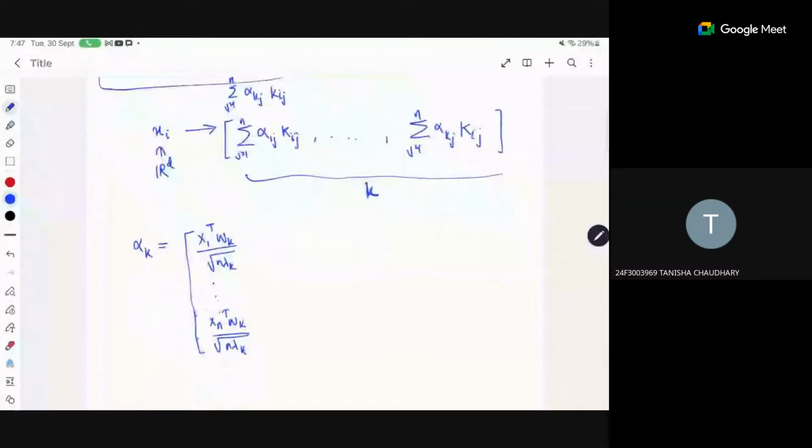This is my alpha k. And for this, we needed the eigenvectors and eigenvalues for my x x transpose, which in this case should be phi of x transpose.